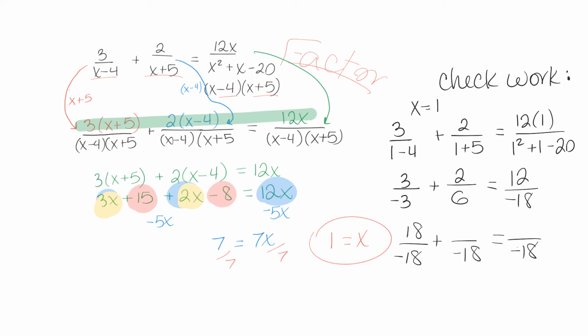And on this one we multiplied by negative 3, 2 times negative 3, negative 6. And over here we've got a 12. Well, isn't 18 minus 6 12? So we've got 12 over negative 18 equals 12 over negative 18. And it all checks out. Okay, cool, we're done.